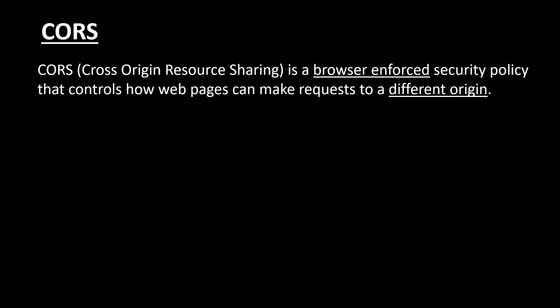But what do we mean by different origin? My backend is also on my machine only. My front end is also on my machine only. So what is the meaning of the word origin here? Trust me, this term keeps haunting me many times. When we say origin here, origin is defined by three things basically. Generally, we may feel that origin just simply means from where the request is coming.